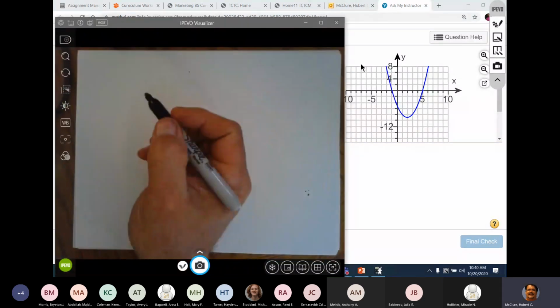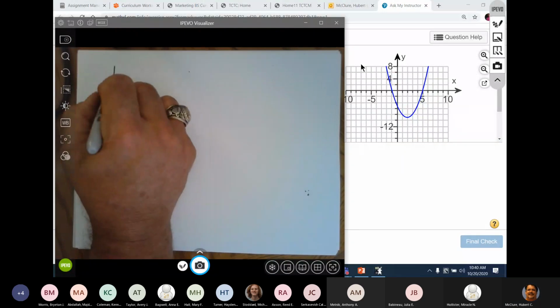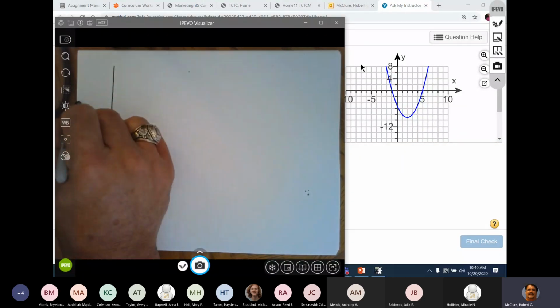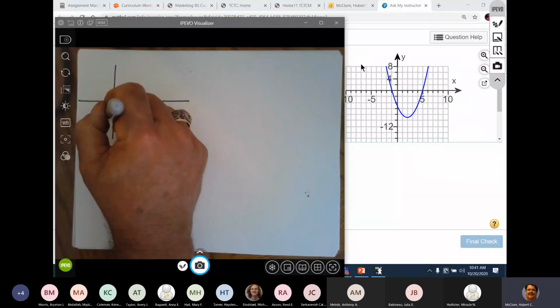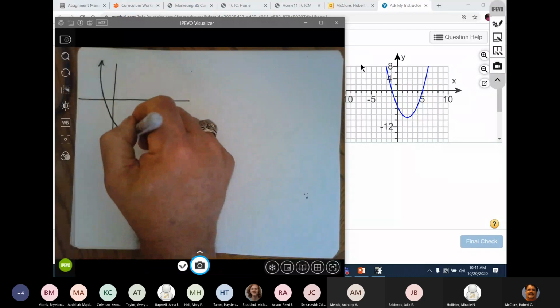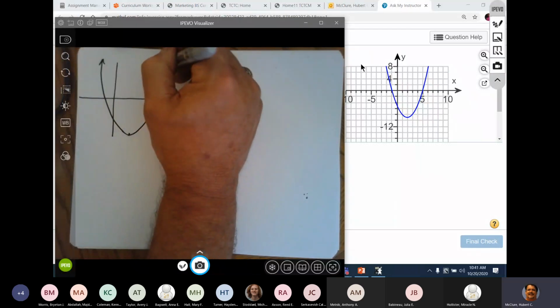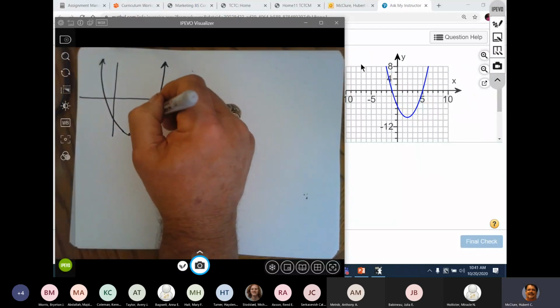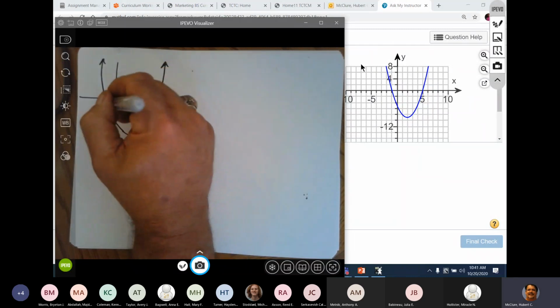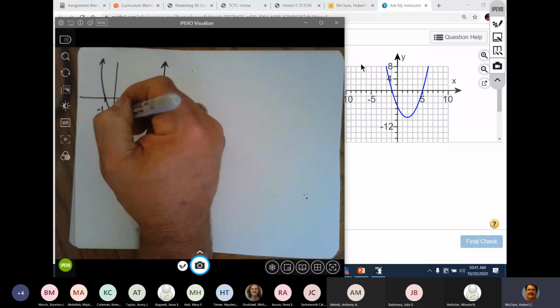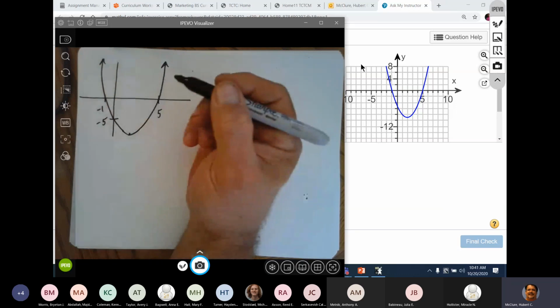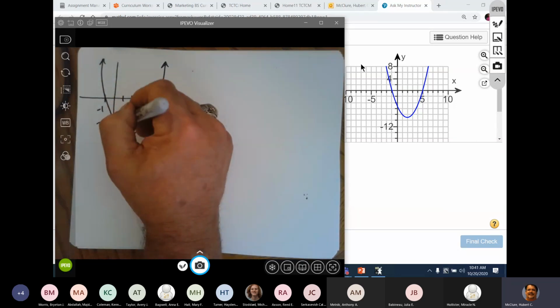Let me draw this. Okay, this is 5, and this looks like -1. And that y-intercept looks like -5. And this vertex is 2 and -9.